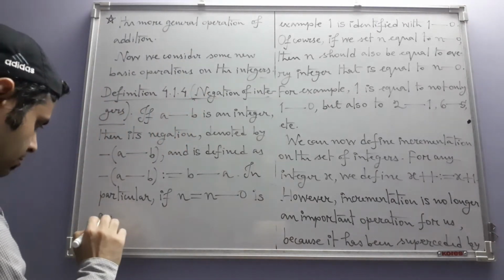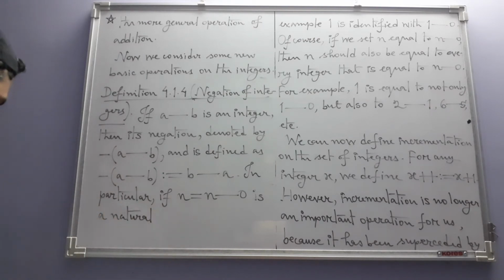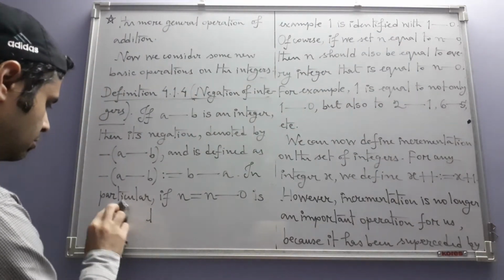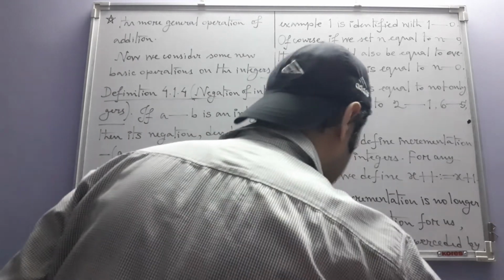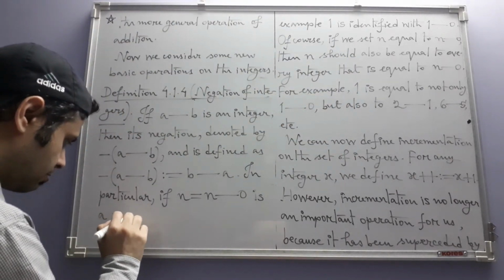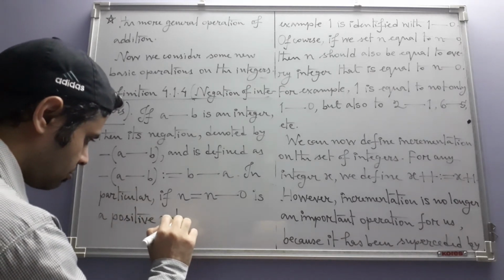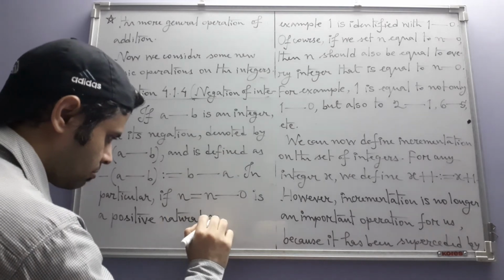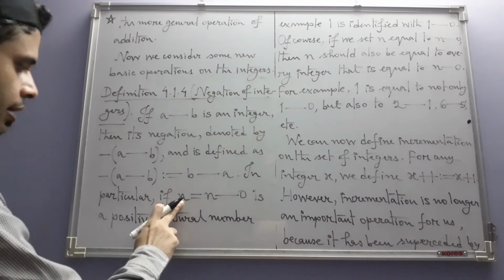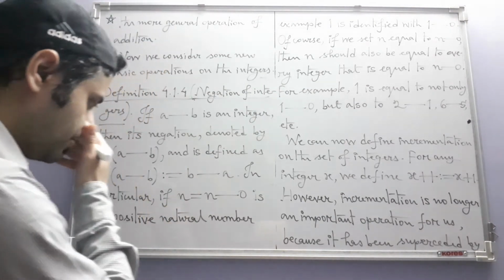Okay, so if n is a natural number, in fact a positive natural number, positive natural number means n is a natural number which is not equal to 0. That is the definition of positivity.